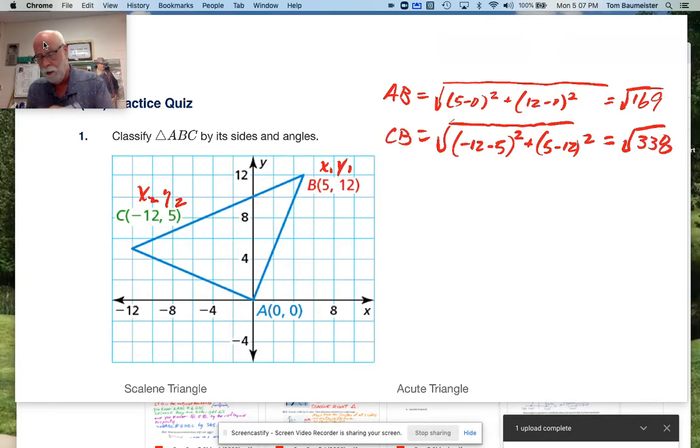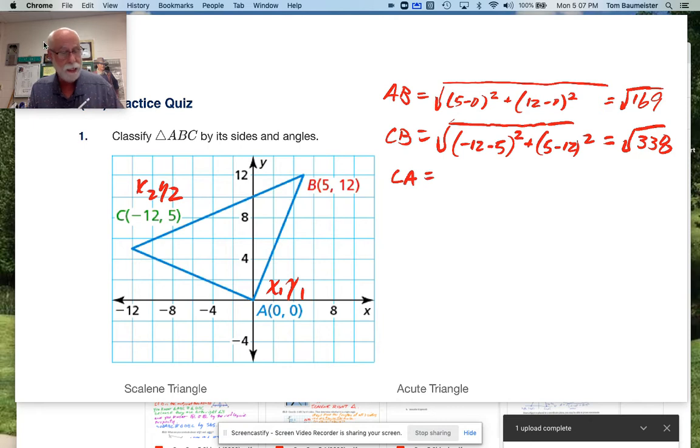Okay. Now again, if you wanted to, you could solve them. But again, I'm saying it probably doesn't make sense to. And then the last one I have is CA. So when I do CA, on that one here, that's going to be my x1, y1. This will be my x2, y2.